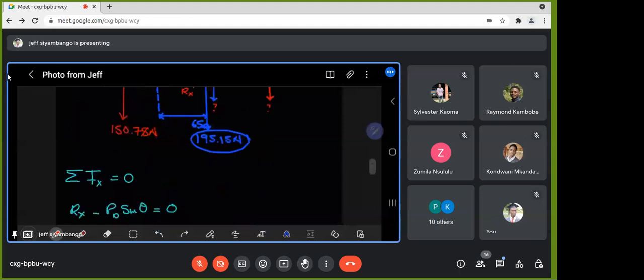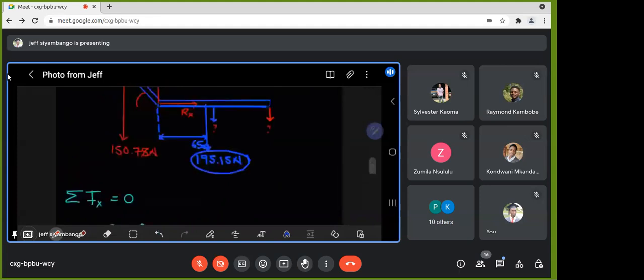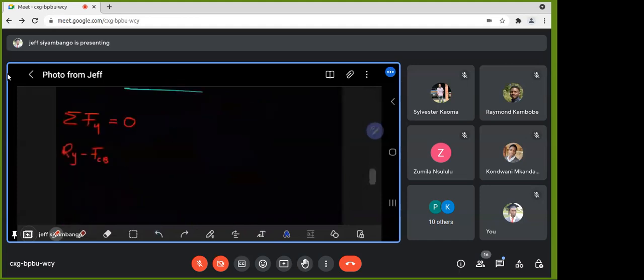So I'll start with Ry there, positive, minus FCB, that was CB, yes. Next, I'll come to this component. This is the weight, remember, this is the weight. That's 150.78. So I'll say minus 150.78.